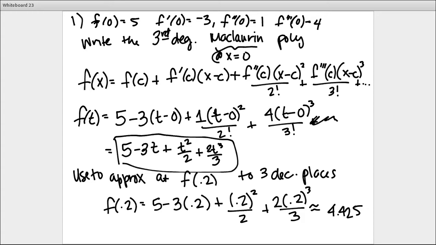The other thing we can do is ask you for the Lagrange error. A good question for that one was number 6 on the quiz. Here's what you need to know: the error is the next term.